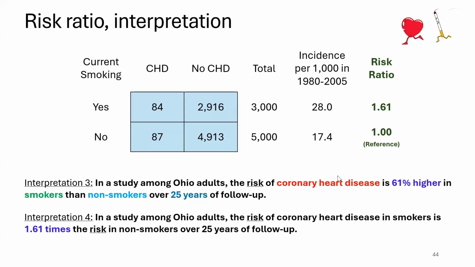So you can see that there are a myriad of ways that you can interpret risk ratios, but I want to encourage you to be a little bit mindful when you're writing out your interpretations of any metrics and being as explicit as possible in the language that you're using, describing the population who's being examined, the time period of follow-up, the exposure, and the disease.